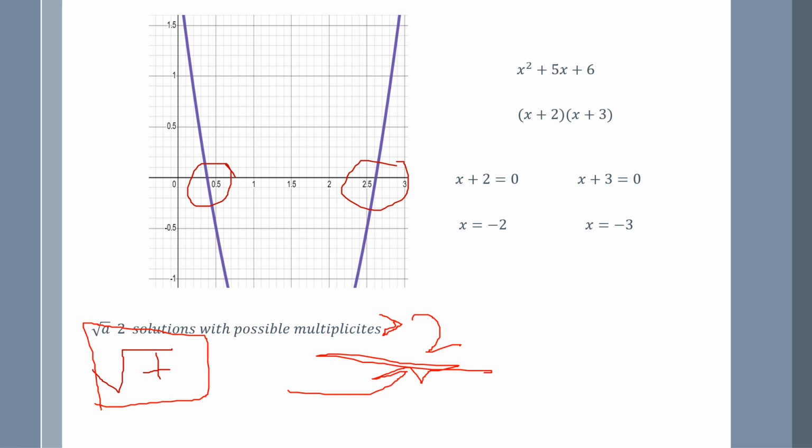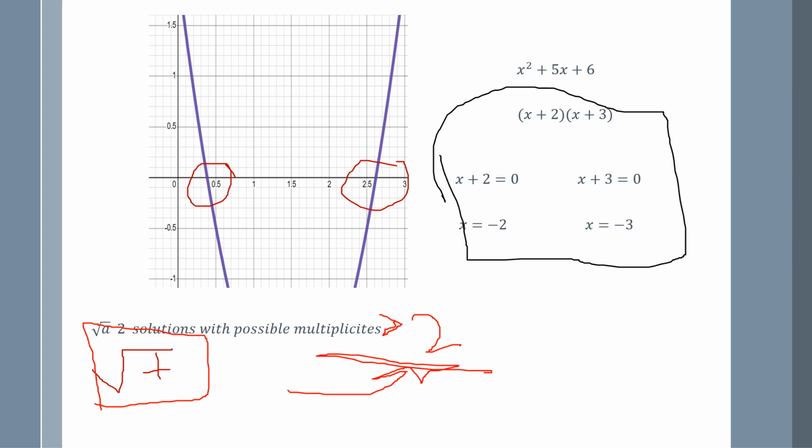And of course, you didn't need to take the square root of both sides. And of course, you don't have a multiplicity, there's nothing to repeat, so it's not multiplicity. So in this case, when you are factoring a trinomial with two different factors, that's also going to be a result as well. So you got three things to look at.